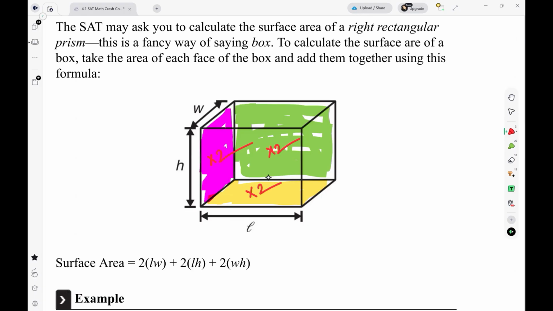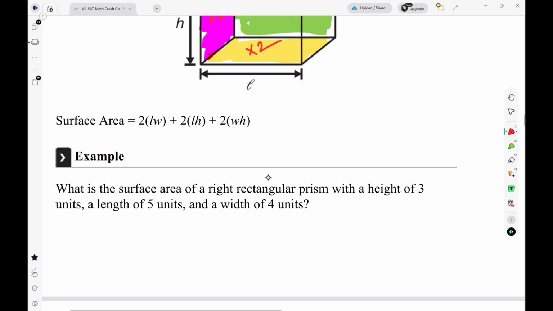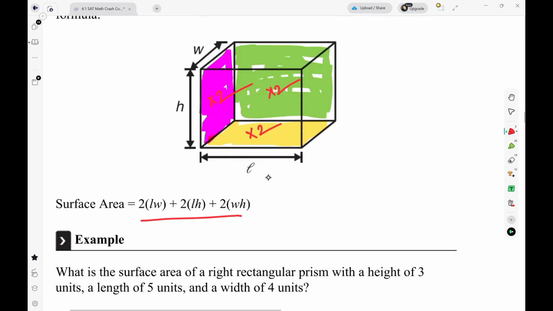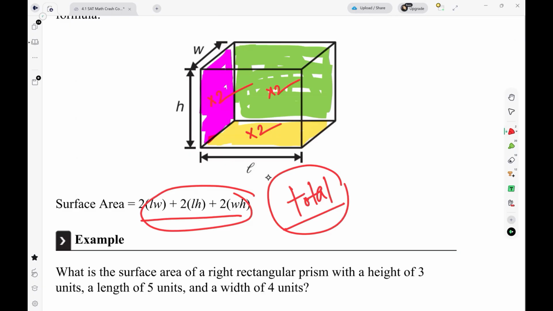That's why they are multiplying like this, because they are interested in finding the total amount of surface. To find the total amount of surface, you need to know the area of this side and then multiply it by 2, because the opposite surface has the same area, okay?